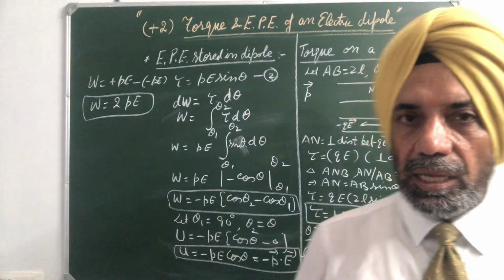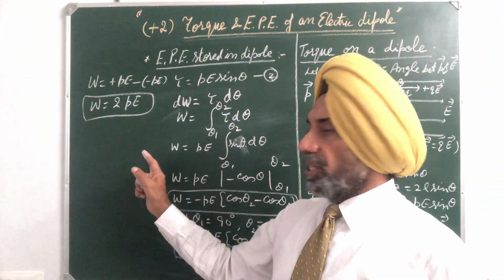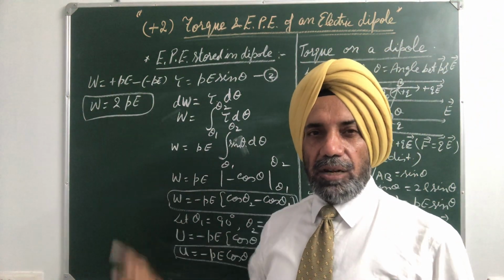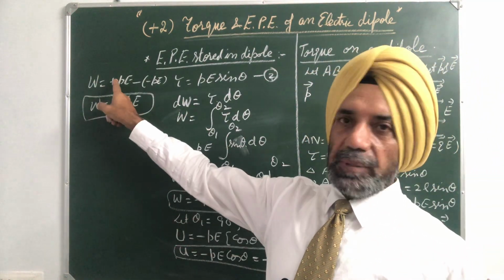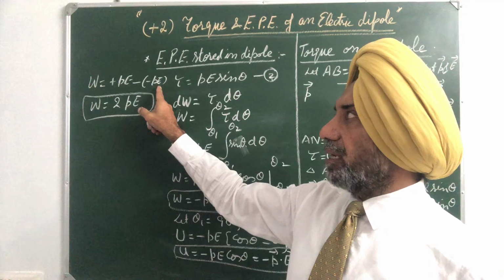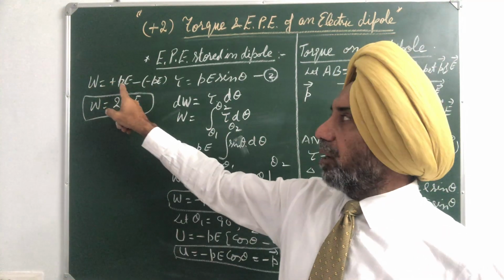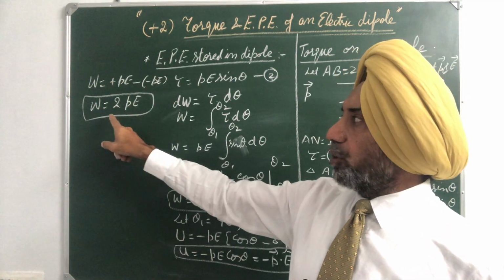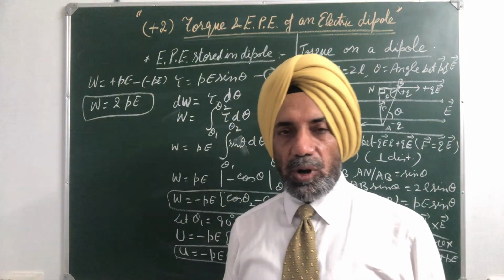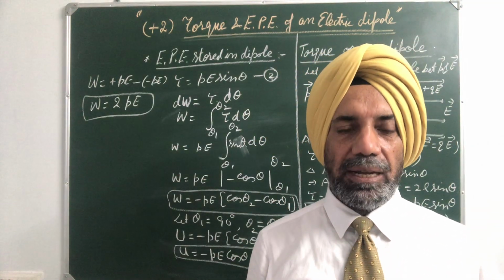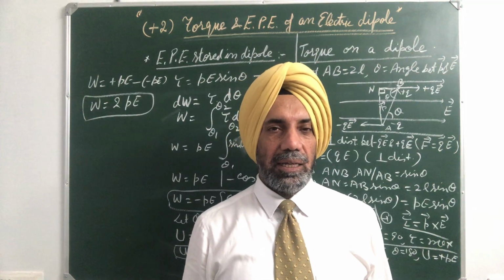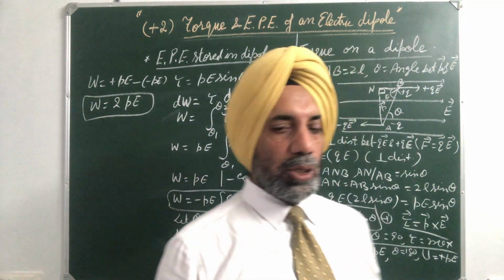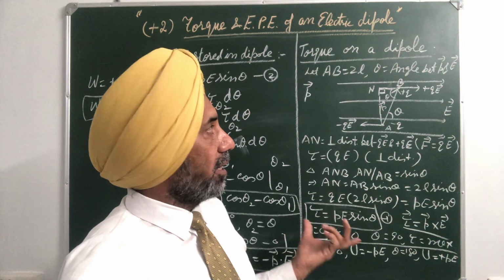A question may be asked, what is the amount of work done in rotating the dipole through 180 degrees? It will be final potential energy minus initial potential energy, which is plus PE minus minus PE, so it will be 2 PE. So twice the product of electric dipole moment and electric field, work has to be done in order to rotate the dipole through 180 degrees.